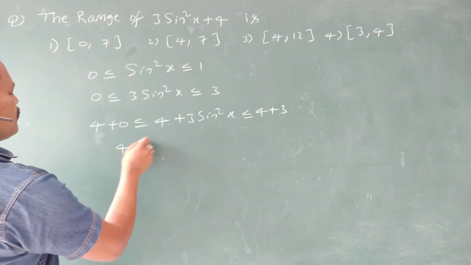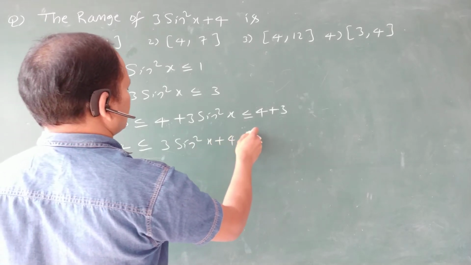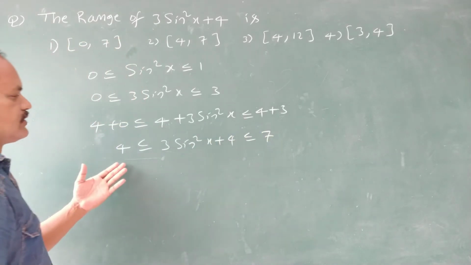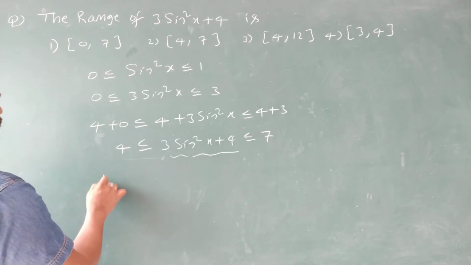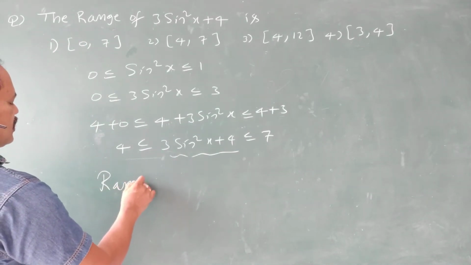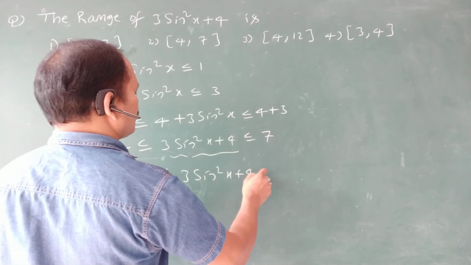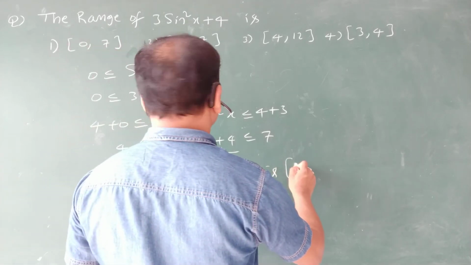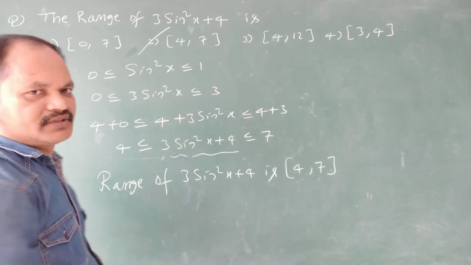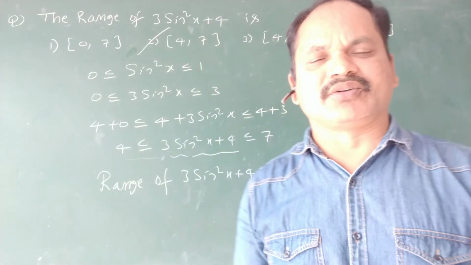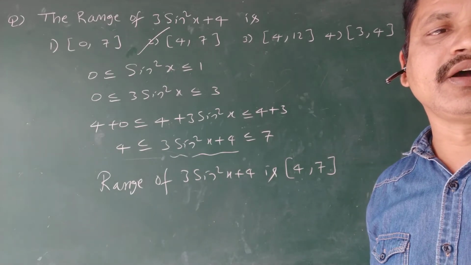That's why it is 4 less than or equal to 3 sine square x plus 4 less than or equal to 7. So the range of 3 sine square x plus 4 is closed 4 to 7. So that is the second option. That's all.